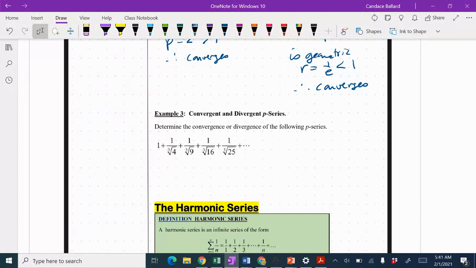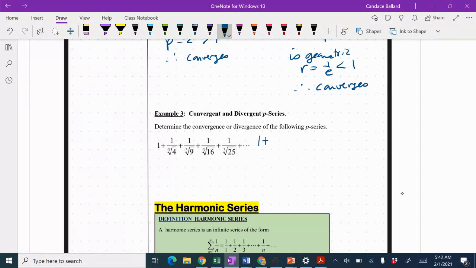Let's take a look at example 3. So we are supposed to determine the convergence and divergence of the following p-series. I do need to see if I can establish a pattern of what the p-value actually is. So I am going to rewrite this a little bit. So I'm going to look at 1 is just 1.